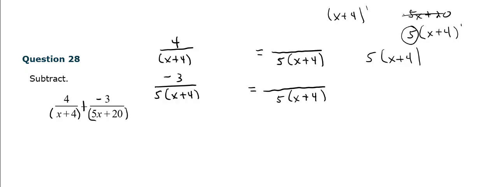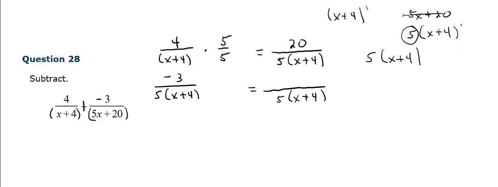And now we compare to find out what factor was missing. So for the first one, our original denominator was x plus 4, but our common denominator is 5 times x plus 4, so it was missing the factor of 5. So I multiply numerator and denominator times 5. So 4 times 5 is 20.